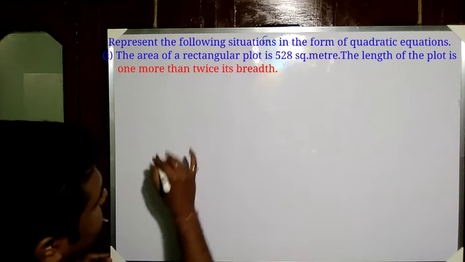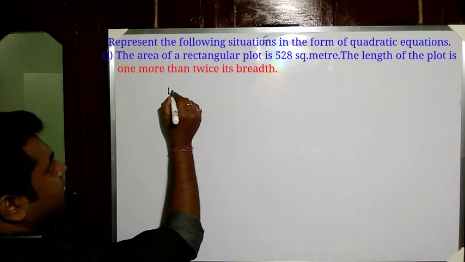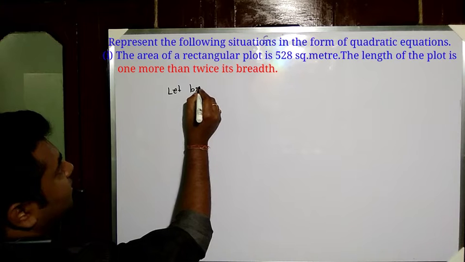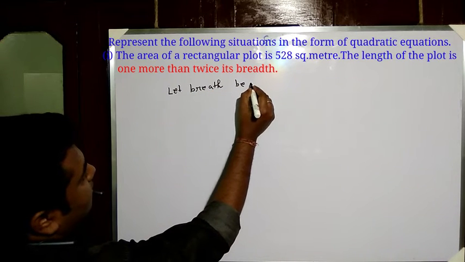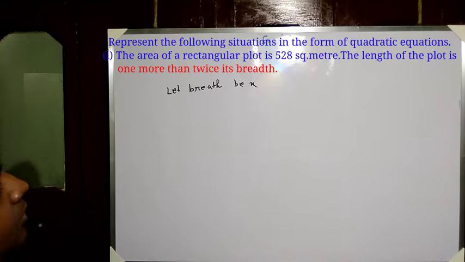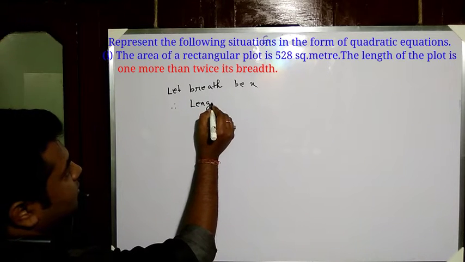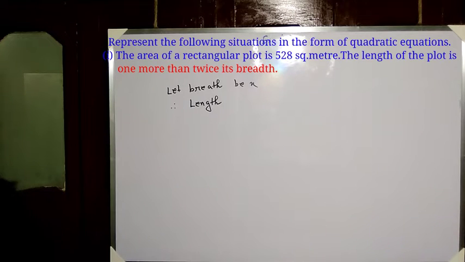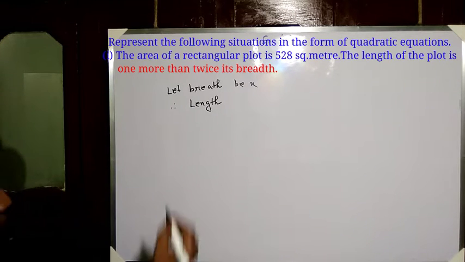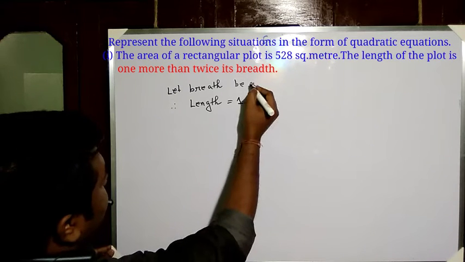So as length depends on breadth, first I have to take, let breadth be x. Therefore length equals to, what is the question there? Length equals to 1 more than twice the breadth.